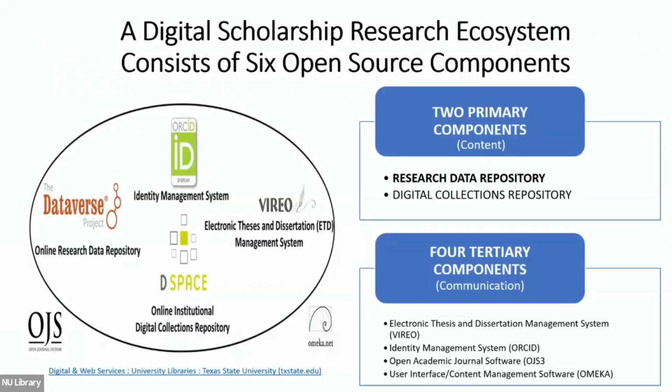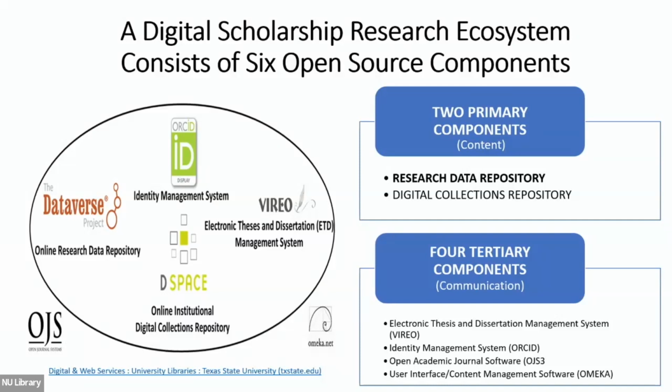So to dig into the ecosystem that I'm speaking about, again, 6 open source components. I'm giving specific software names here for each of the 6 components, but the names there are not as important as the class of the name or what each one does.